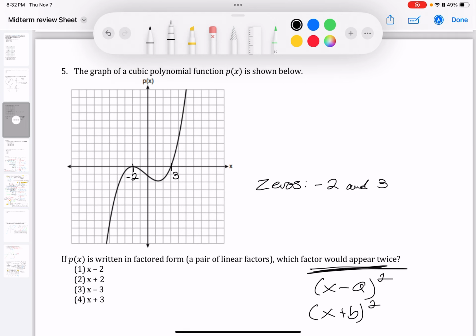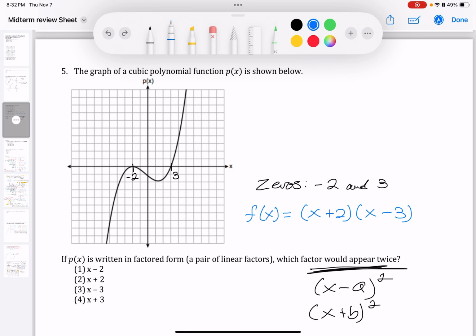So my polynomial f of x is going to equal (x plus 2) times (x minus 3). Remember, the zeros have the opposite sign from when it is in the factor. Once again, the zeros have the opposite sign from when it's in the factor.